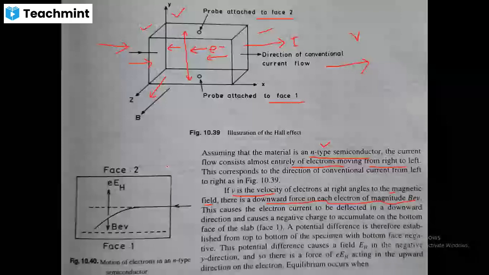You can look at this diagram now. We have taken the front face of this rectangular slab. Let's say the electron is moving in this direction, from right to left. Due to the presence of the magnetic field in the z direction, instead of traveling straight, these electrons experience a force, what is known as the Lorentz force.